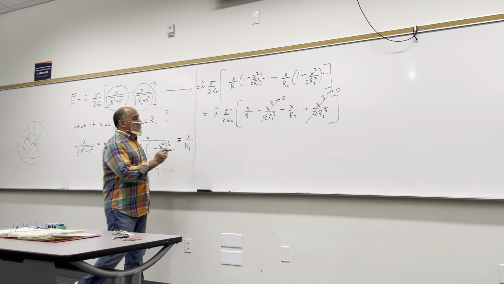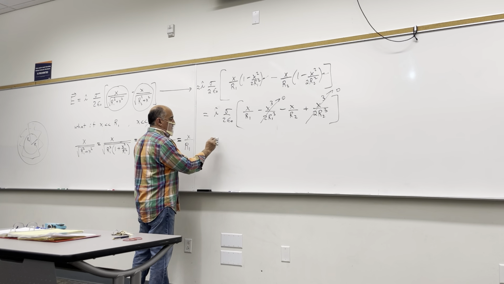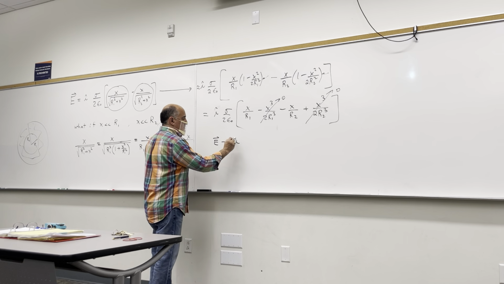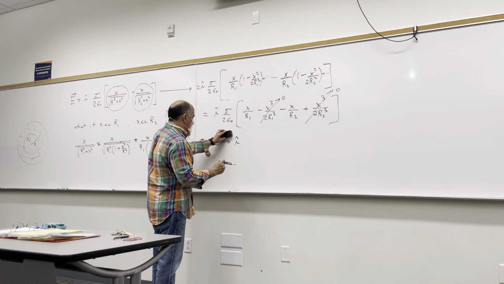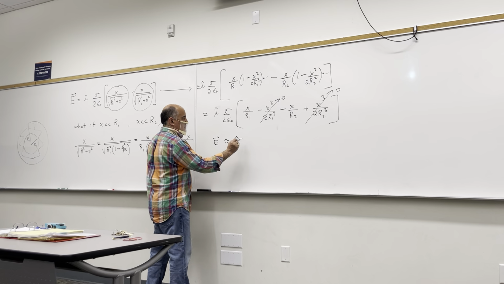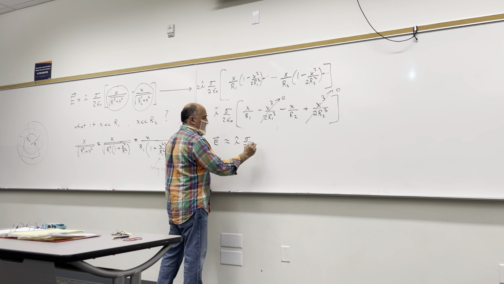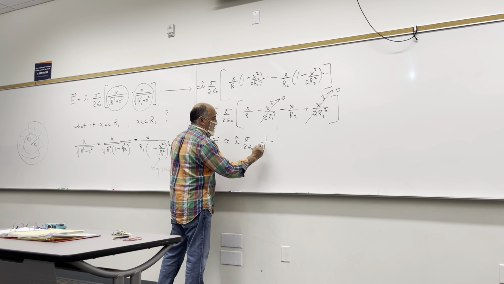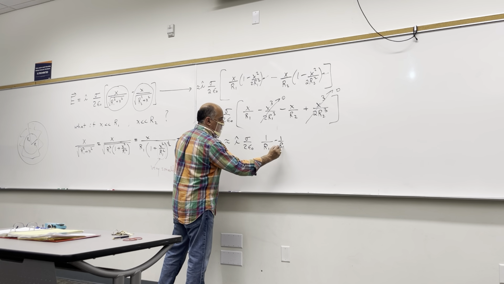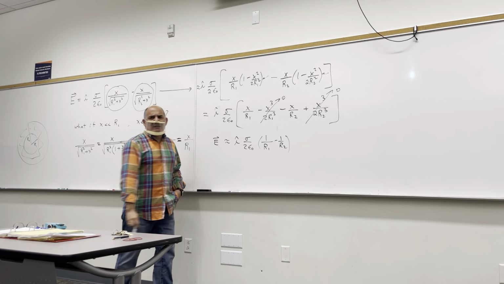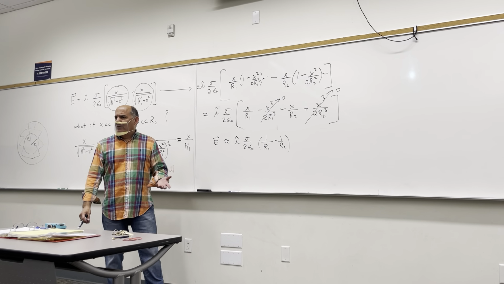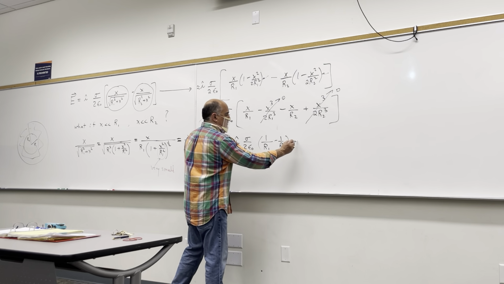So I have that the electric field, therefore, is approximately equal to I hat sigma over 2 epsilon naught. And I can write this as 1 over r1 minus 1 over r2. Or I can combine them, r2 minus r1 divided by r1 multiplied by r2, and then times x.